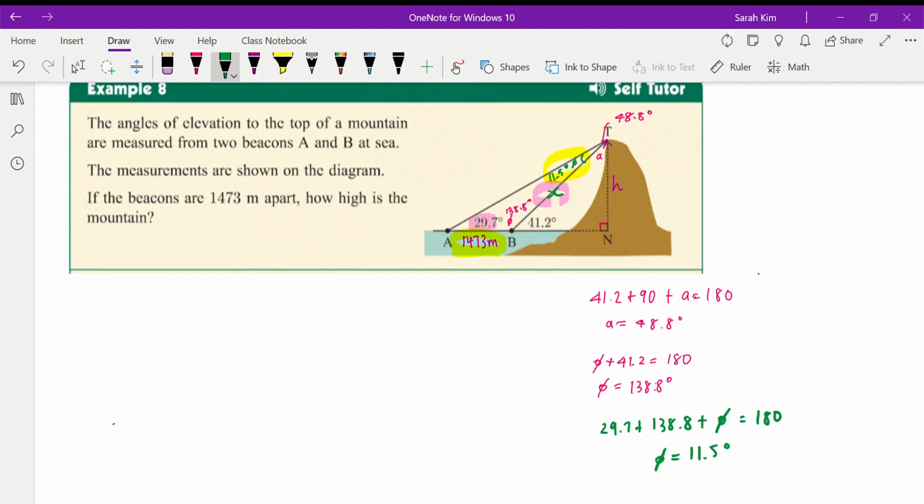So I'm going to write the half pair first, my unknown at the top. So X is the length, my corresponding angle is 29.7. The length is 1473, and then the corresponding angle is 11.5. So in order to find X, I just go times. So that's how I find my X.